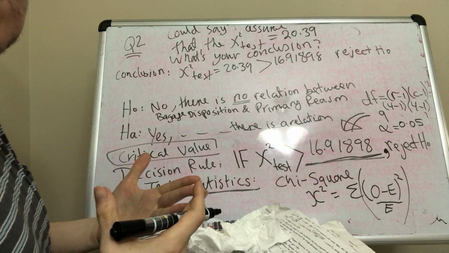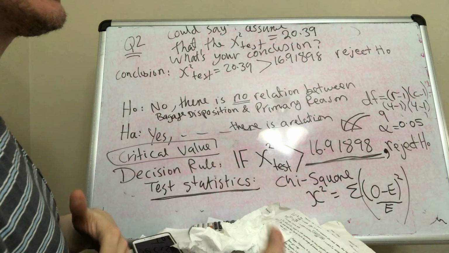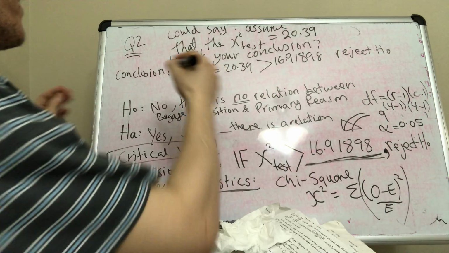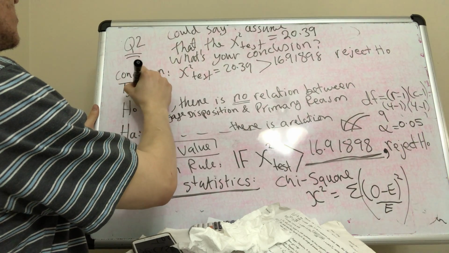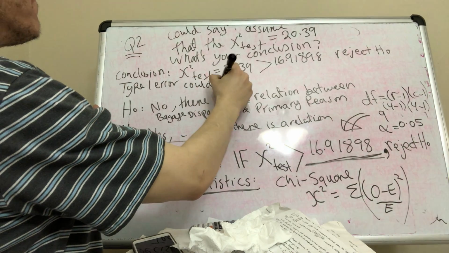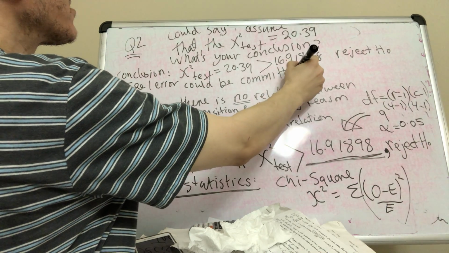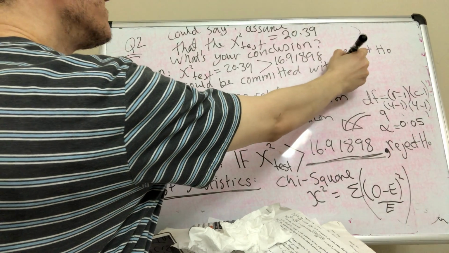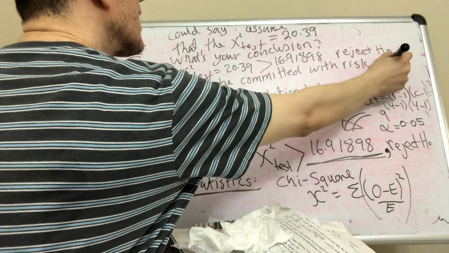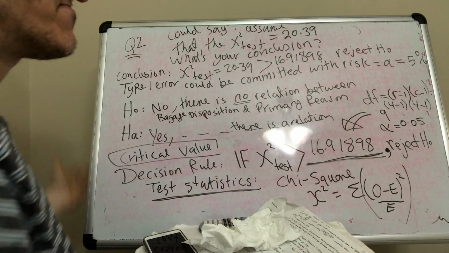So the condition is satisfied. We are, in fact, rejecting H0. Anytime you reject H0, you have to mention type 1 error could be committed with risk equals alpha, and it's whatever is given in the question, 5%.